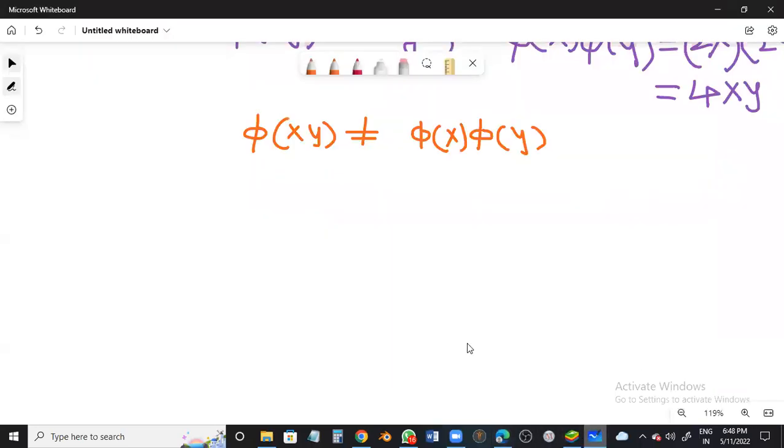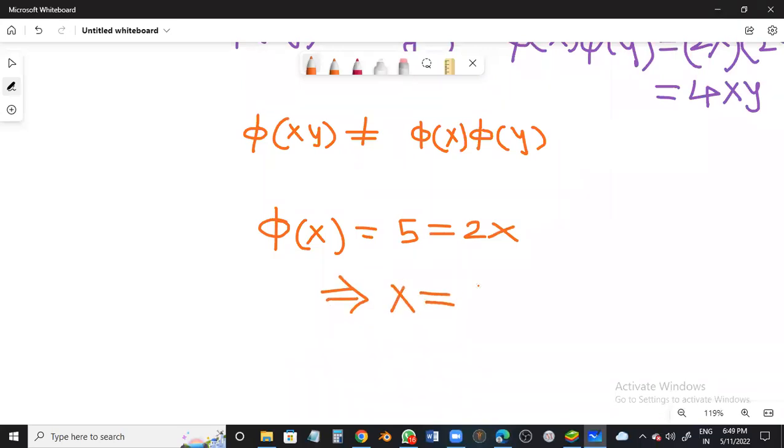But let us focus on the fact that this definition of phi is not onto, because if I take phi of x equal to 5, or any odd number, it will mean that it is twice x, and this will imply that x is 5 by 2. But x equal to 5 by 2 is not an integer, it doesn't belong to Z. And that is why phi is not onto.